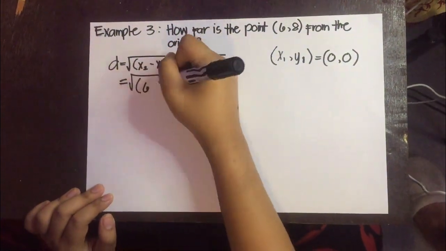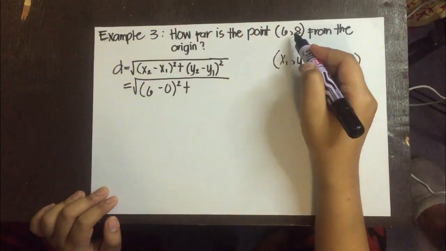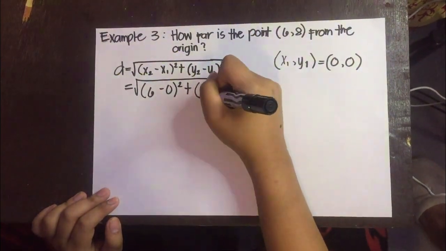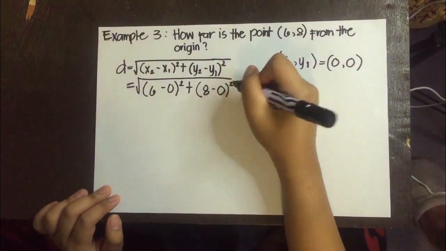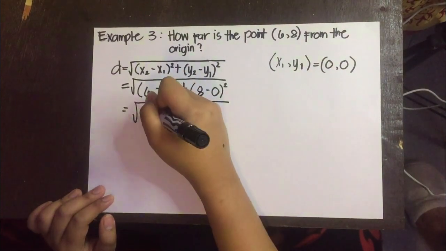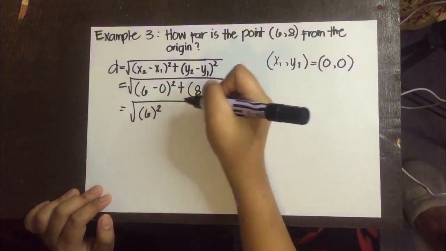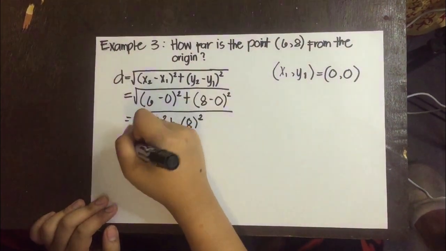So let's use the distance formula. The square root of 6 minus 0 squared plus 8 minus 0 squared. 6 minus 0 is 6 squared, plus 8 minus 0 is 8 squared.